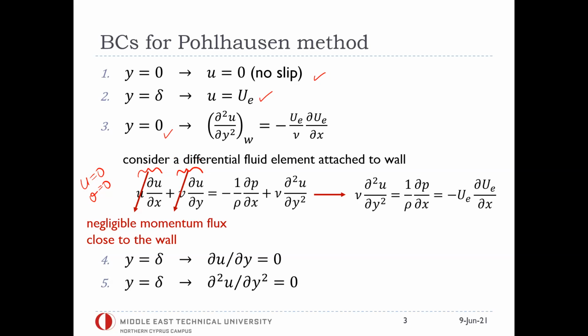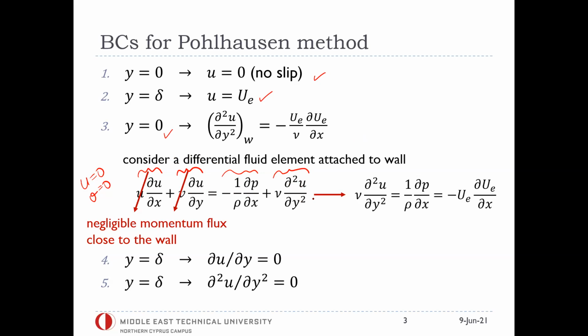It says here, for a fluid element attached to the wall, the left hand side is 0, and on the right hand side we have the pressure gradient and the second derivative of the velocity profile. Since we assumed the velocity profile as basically a random fourth order polynomial, this condition gives us an important message.